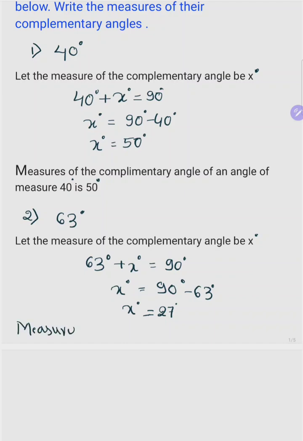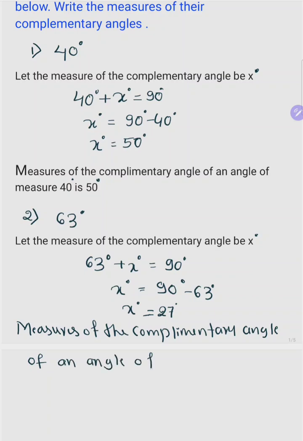The measure of the complement angle of an angle of measure 63 degree is 27 degree.